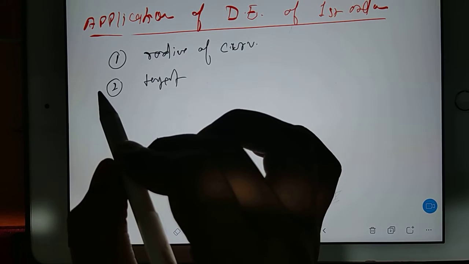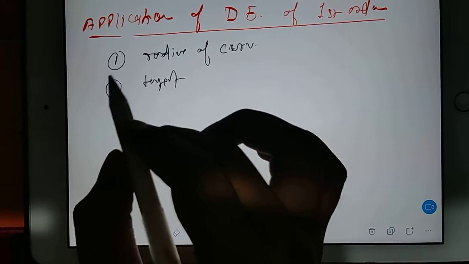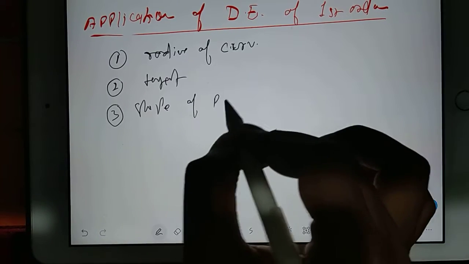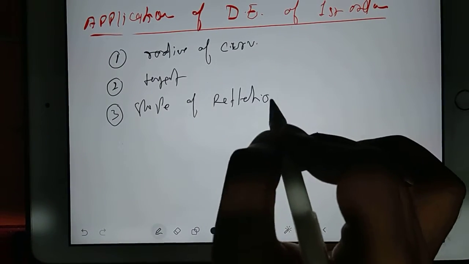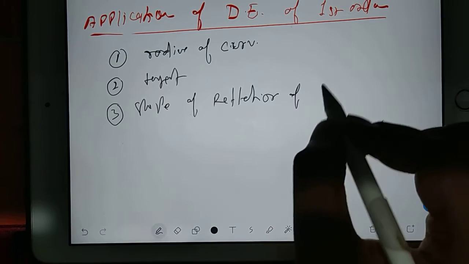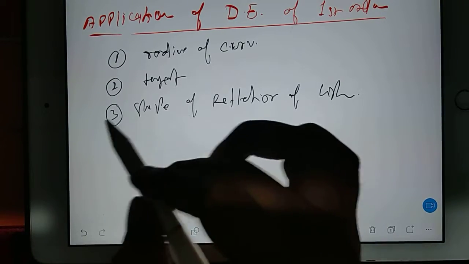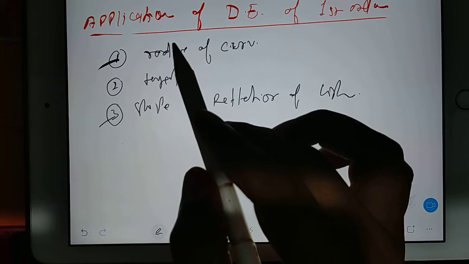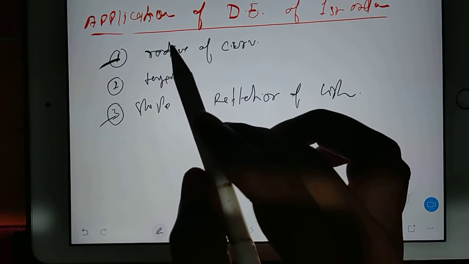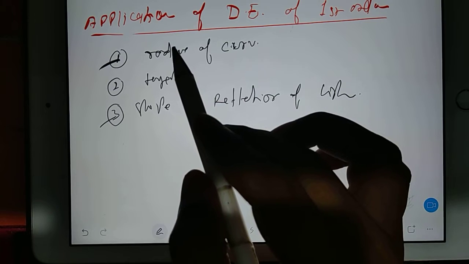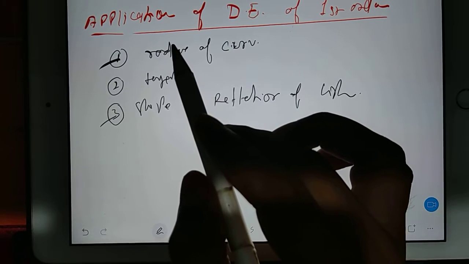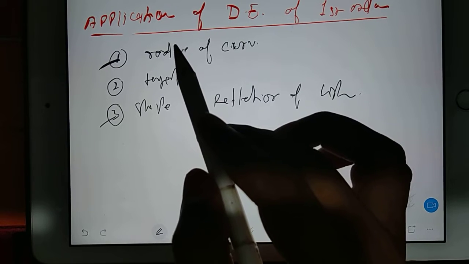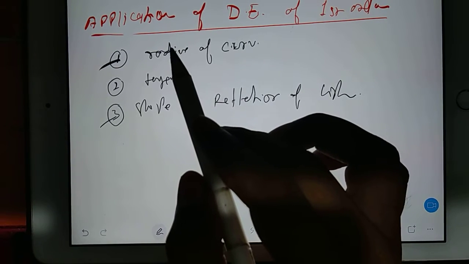We also find the shape of a reflector of light, because it is similar to radius of curvature. There are so many other examples. Orthogonal trajectories are also based on one kind of application, but those things we are not going to cover, especially for the GATE exam, so we are totally skipping this.